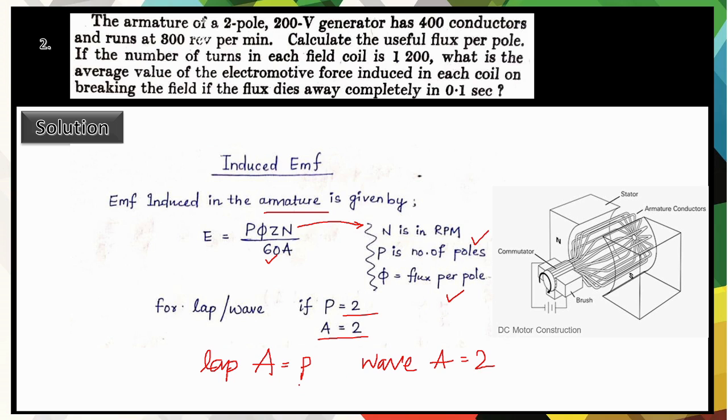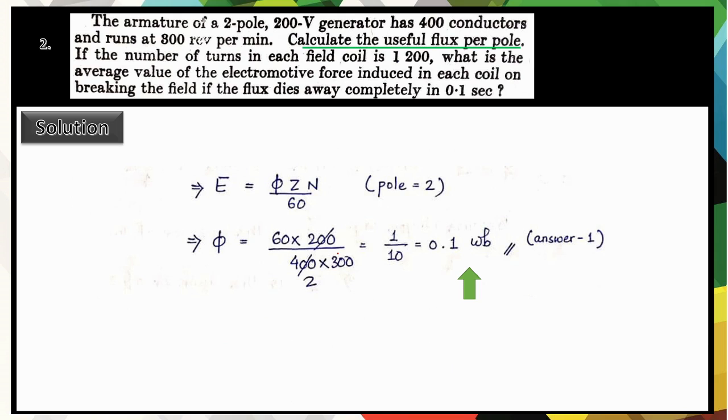So if P is equal to 2, then A will be 2. Anyway P and A are equal, that is 2, so we can cancel P and A here. Finally E will become E equal to phi Z N by 60, where the pole is 2.